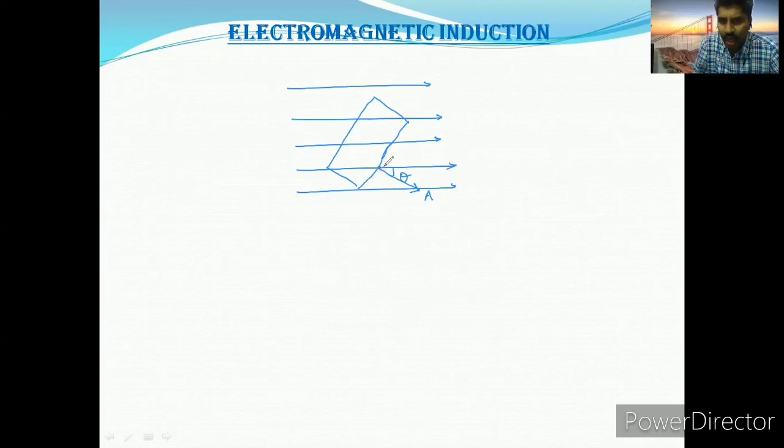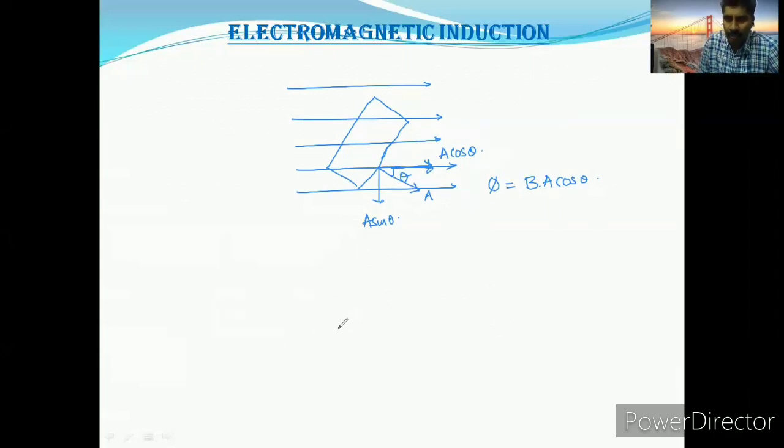Along this direction we can write cos theta, and on the other side sin theta. Here the magnetic lines of force go only in this direction. That's why phi is equal to BA cos theta. That is in the case of uniform magnetic lines of force.